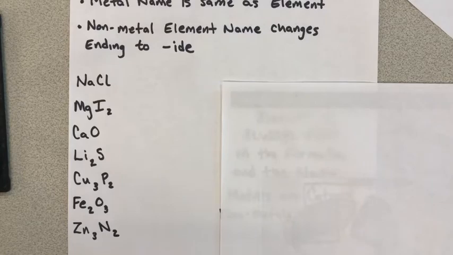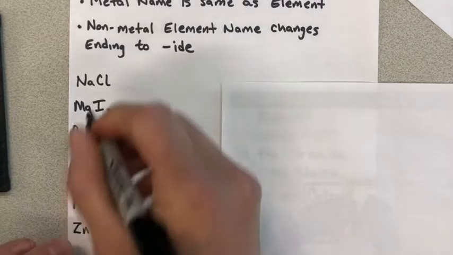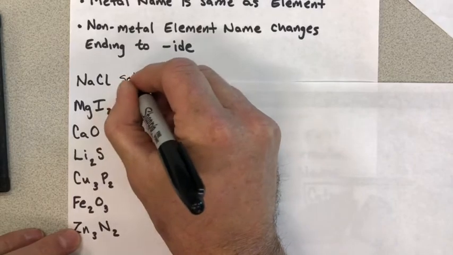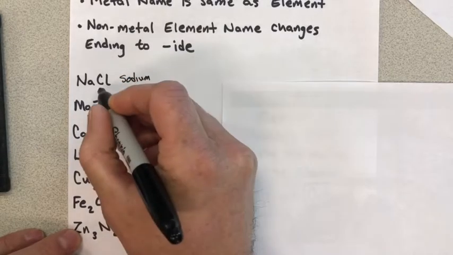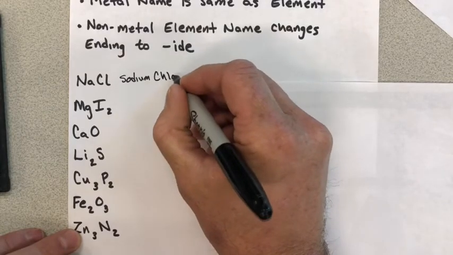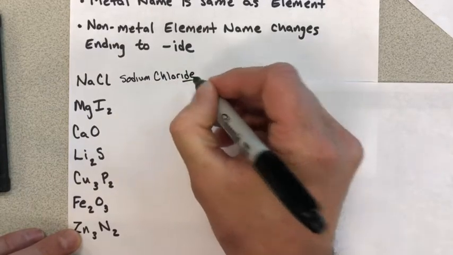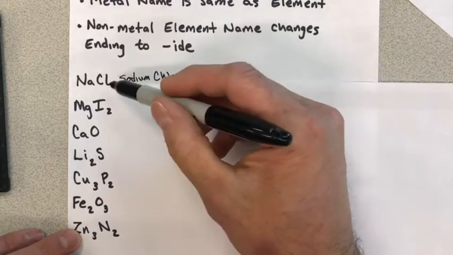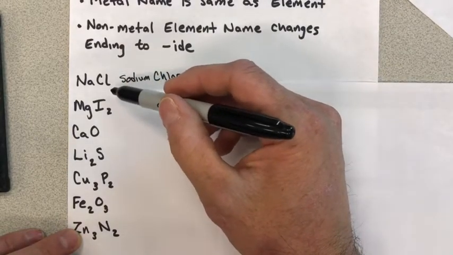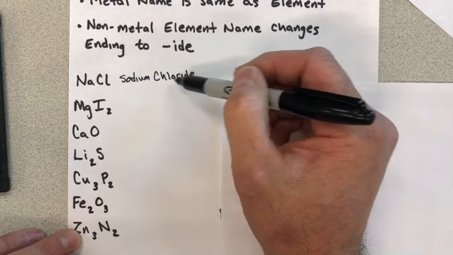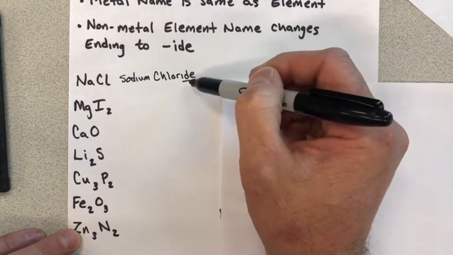This is a compound you're probably familiar with. So the metal just keeps its elemental name. This is sodium. And then chlorine changes to chloride. See that IDE at the end there? A chloride is what you would call chlorine as an ion. So the metal stays the same, the non-metal's name changes its ending to IDE.